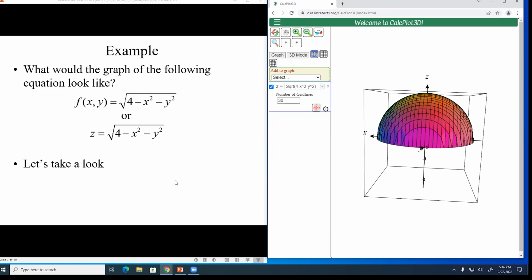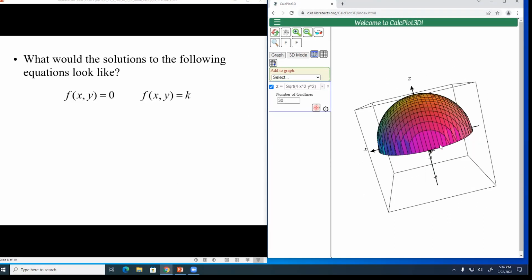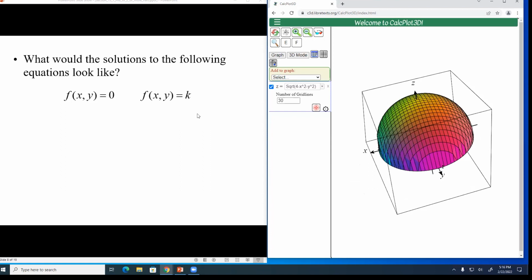Now, one of the things that we're going to start doing is setting our function of two variables equal to inputs. For instance, 0. Okay, maybe that wouldn't be that interesting. That would be that circle in the xy plane. And then we start to think about it for other values as well.